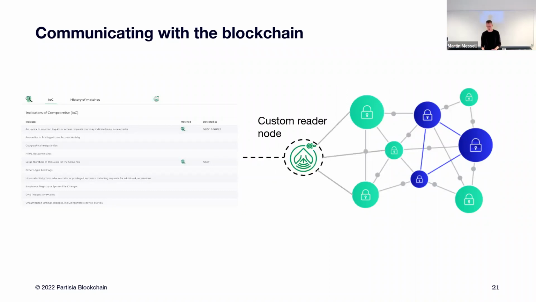An alternative, but also more complex solution is to create your own custom reader node, which will then become part of the blockchain network, and you can communicate with that as you trust that node entirely.